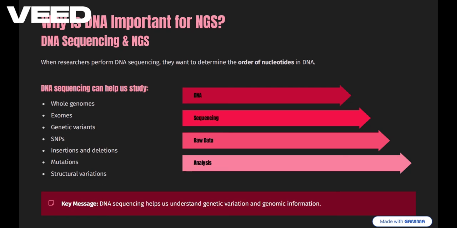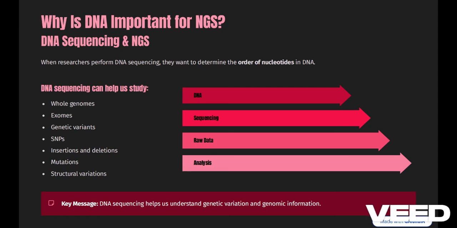For example, if we are studying a genetic disease, we may want to identify a mutation that could be associated with that disease. NGS allows us to generate large amounts of DNA sequence data, and bioinformatics allows us to analyze that data. So the basic journey is DNA sequencing, raw data, bioinformatics analysis, and then biological interpretation.